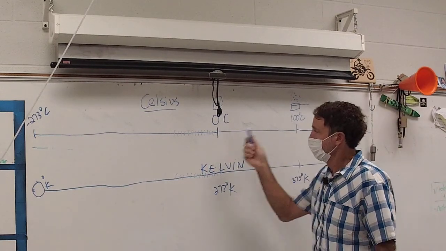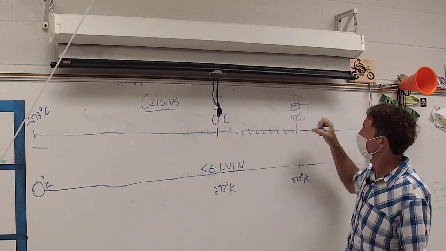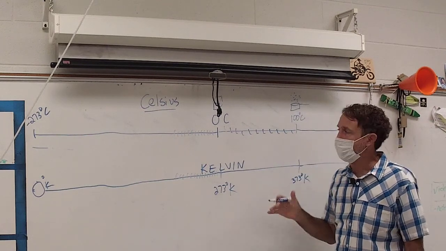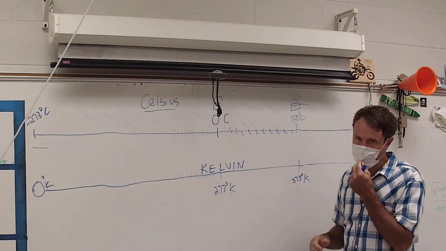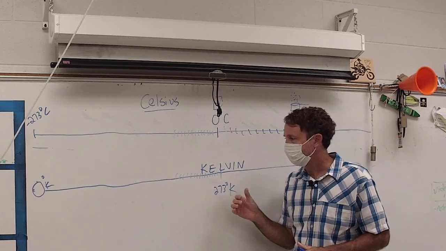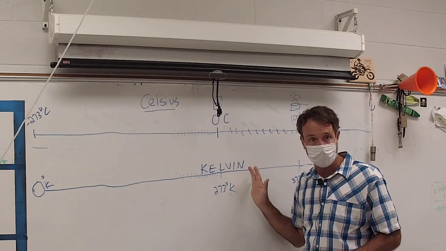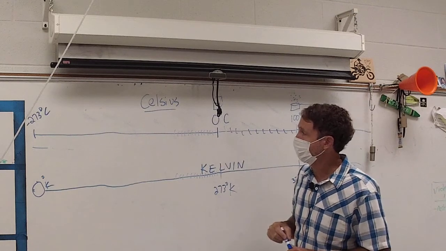So if we're dealing with temperatures in everyday life, it's great to use Celsius, right? But if we're doing chemical math and we're dealing with the gas laws, then we're going to have to use Kelvin. The reason is, let's look at this temperature right here.